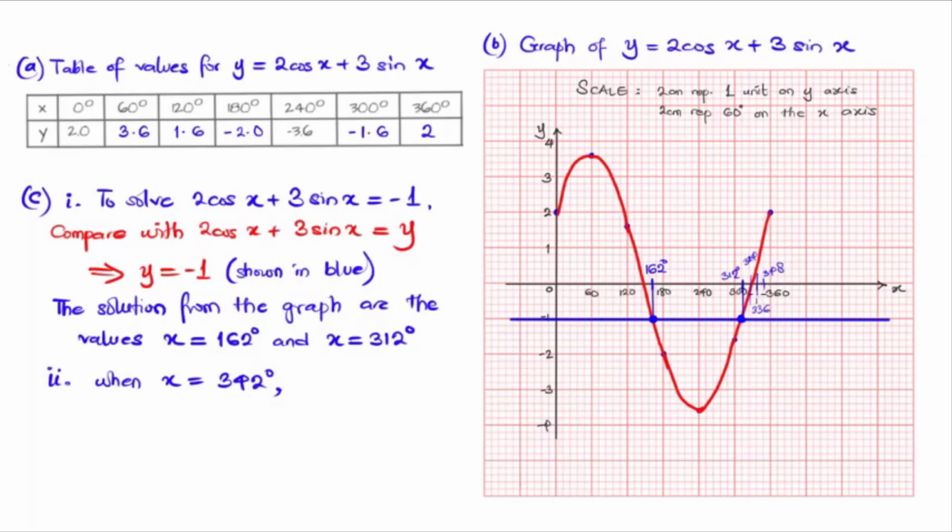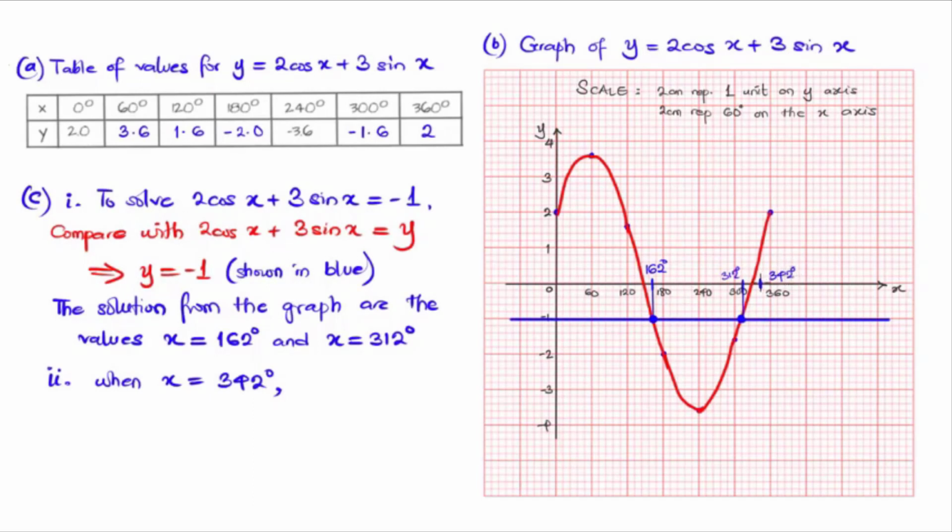So that's just the small box before 360 degrees. So in between 336 and 348, we are going to have 342 degrees. And that's what we need to trace. Okay, so here is 342 degrees.